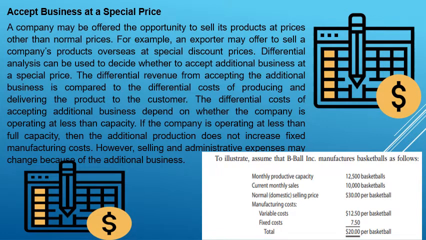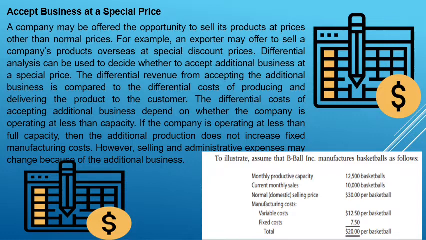So if the company is operating at less than full capacity, then the additional product does not increase fixed manufacturing cost. However, selling and administrative expenses may change because of the additional business. To illustrate, we have here the data below of B-Ball Incorporated.